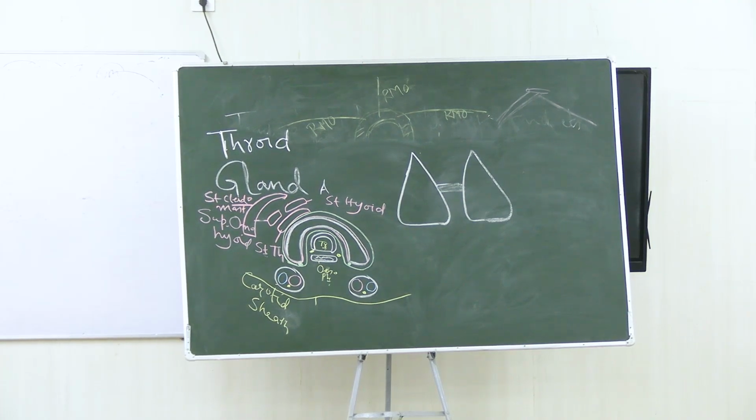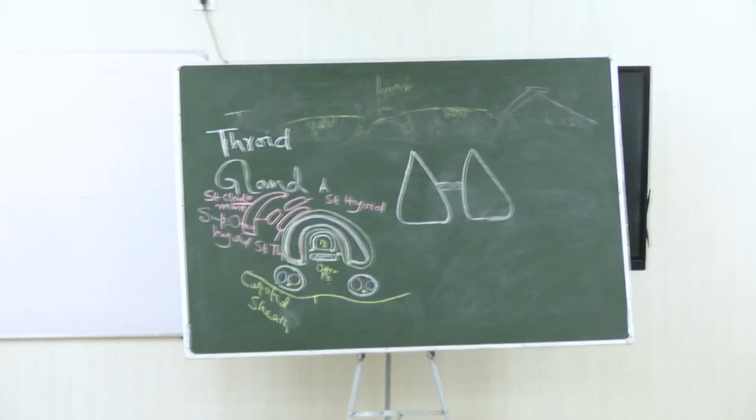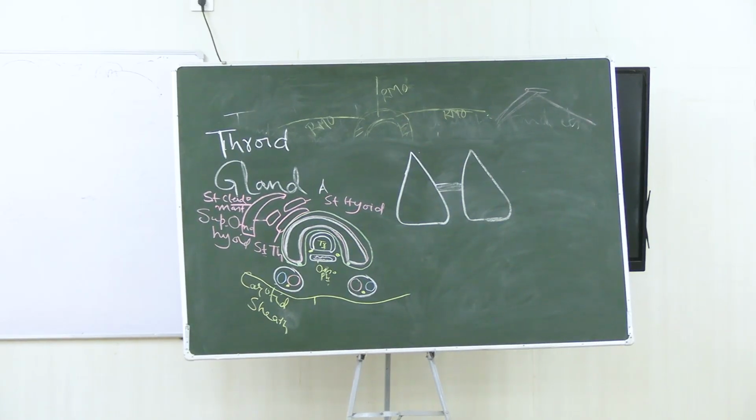Number one, when it presses the recurrent laryngeal nerve, it will cause hoarseness of voice. When it presses the trachea, it will produce dyspnea, difficulty in breathing. When it presses the esophagus, what will it produce? Dysphagia.